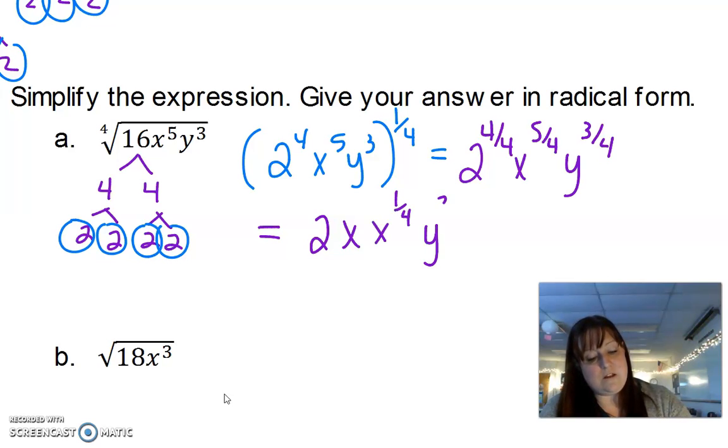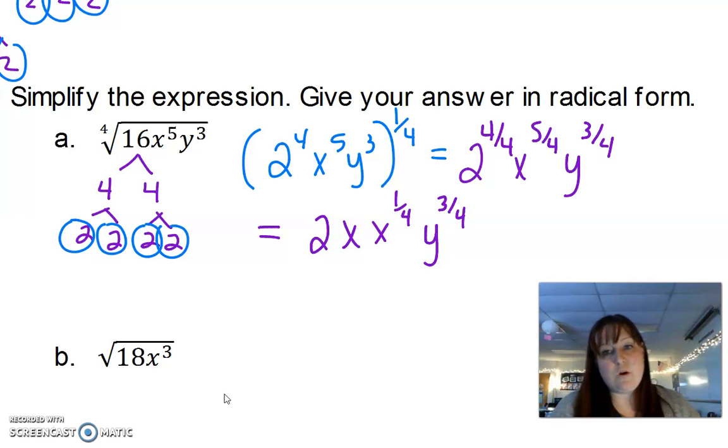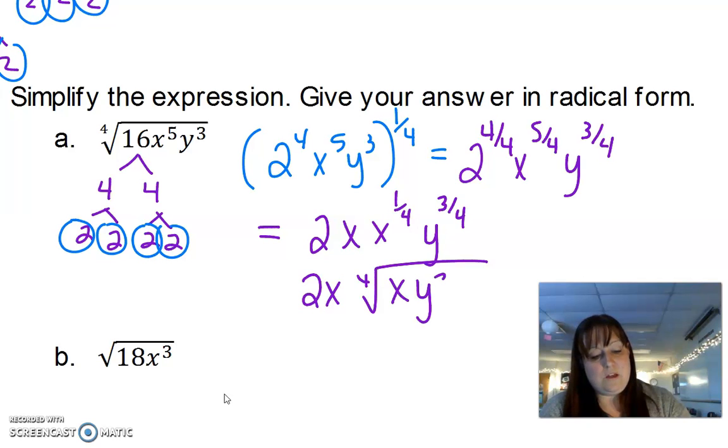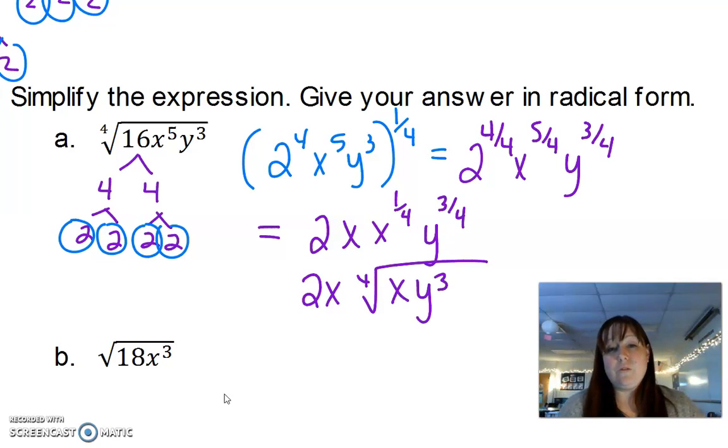And then that's still y to the 3/4. That doesn't simplify anymore. Okay, so then we can go back to radical form. And these don't have fractional exponents, so they stay outside the radical. And then the x does have a fractional exponent of 1/4, and y would be y cubed. So that would be it.